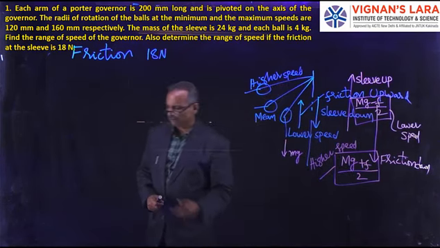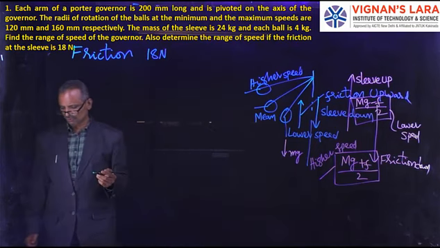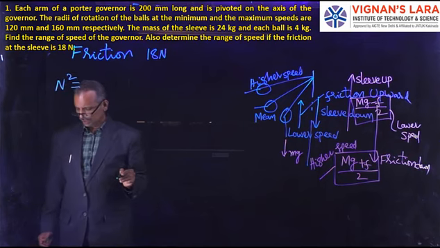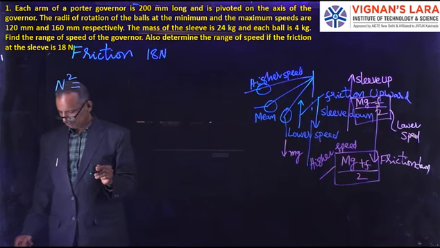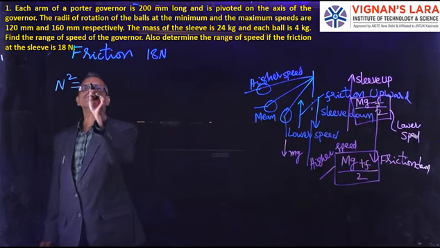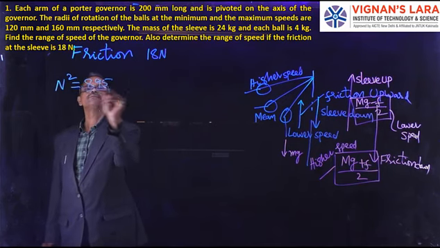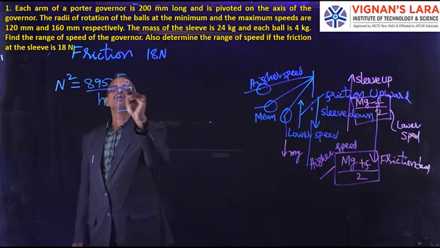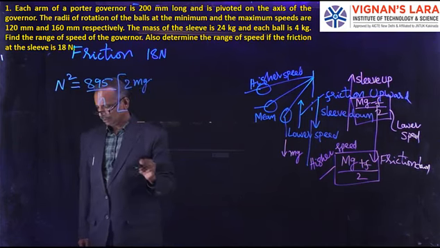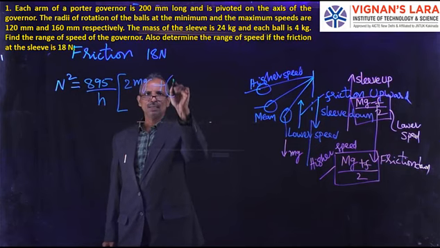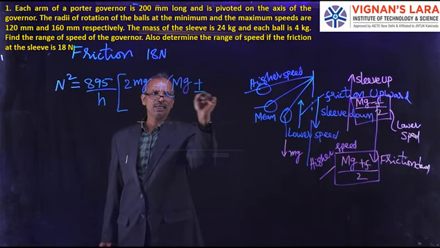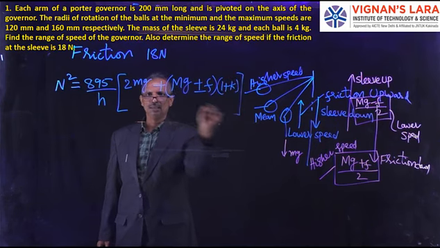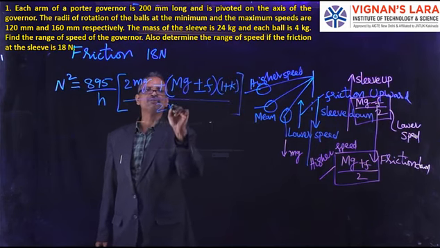So the general equation, the same equation which we have written earlier: N square is equal to 895 by h into (2mg plus or minus f) into (1 plus k) by 2mg.